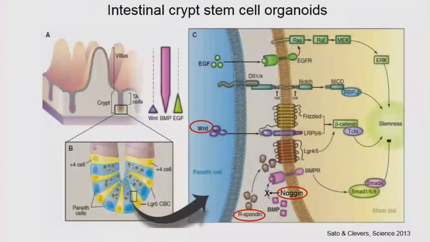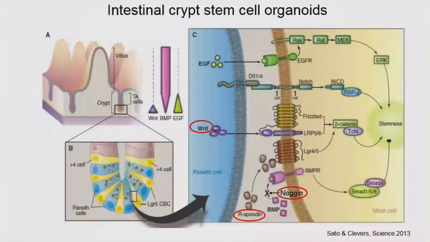So historically, you can't grow intestinal tissue in culture. You might get a primary cell line to grow a couple times, but then they'll die out. So being able to study these cell types has been intractable until almost 10 years ago now. Sato and Clevers figured out how to grow intestinal cells by using a conditioned media.